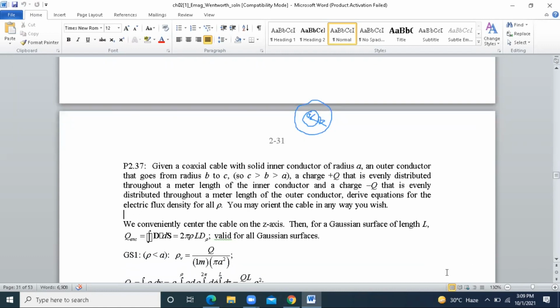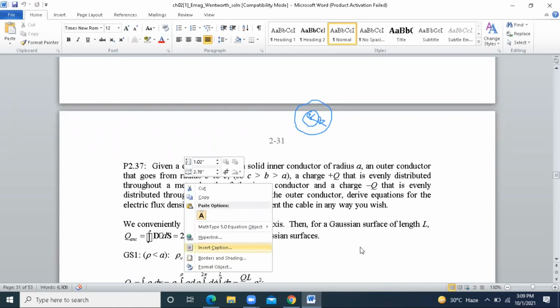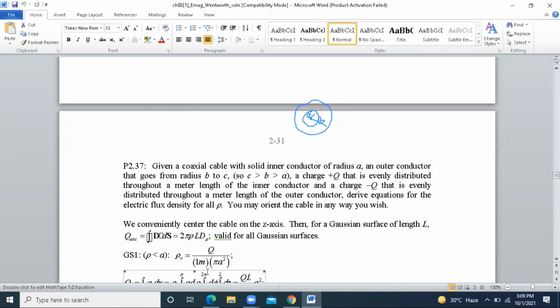So then, for rho less than A, right? Rho less than A. What's that, sir?